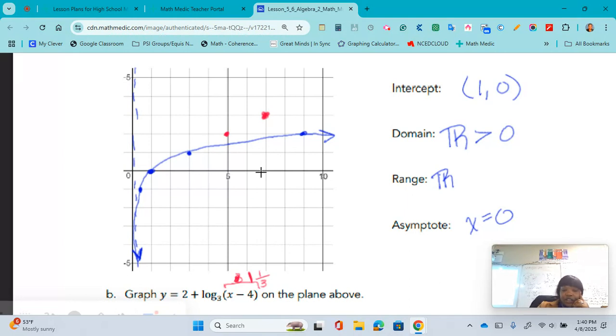So when our x is 4 and 1/3, our y gives us a -1. -1 plus 2 is 1. So with 4 and 1/3, our y would be 1. All right. So it gets closer and closer to this line.